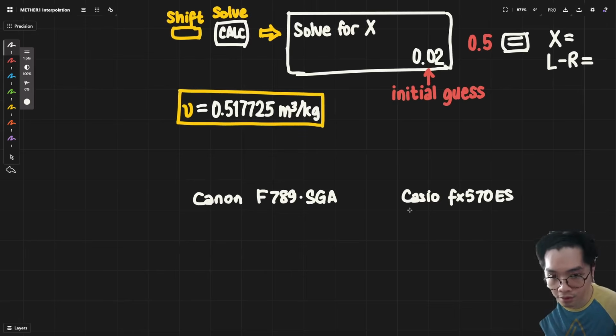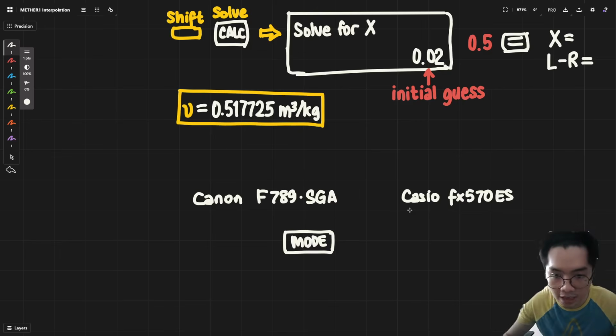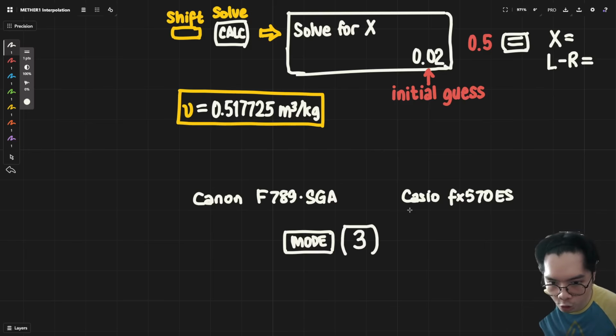And for both, what you should do is press the mode button. And as you can see, for the Canon F789 SGA and for the Casio 570 ES, the number 3 should give you stat.